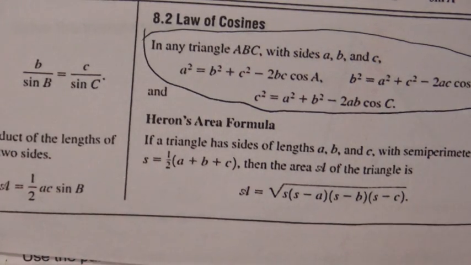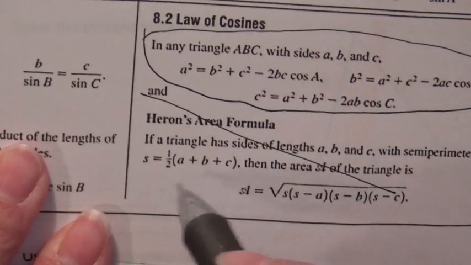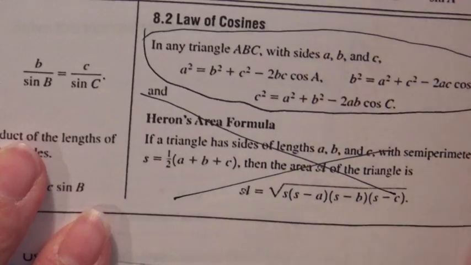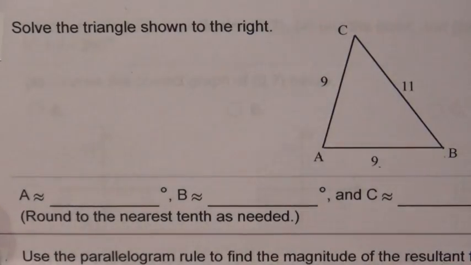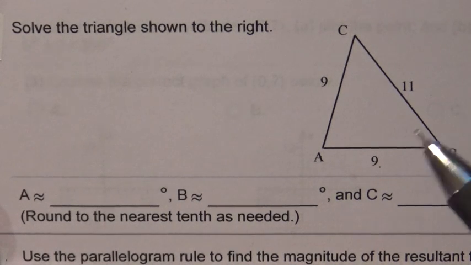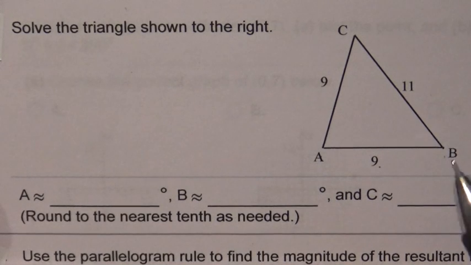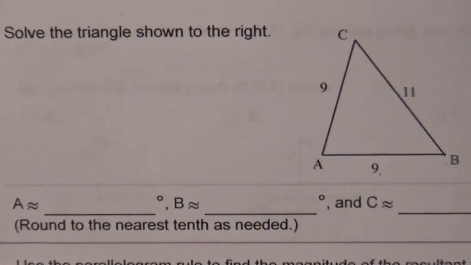You're not going to need Heron's area formula for the exam, I don't think. So let's say I want to find angle A. To find angle A, I need to start with side A. I know that I need to do A squared, and I'm going to have to zoom out a little bit.